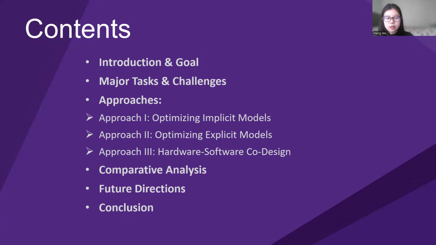computer graphics. We moved from classical geometry-based reconstruction to continuous volumetric representations like neural radiance fields or NeRF. More recently, explicit representations like 3D Gaussian splatting have emerged, dramatically improving rendering efficiency while maintaining photorealistic visual fidelity.